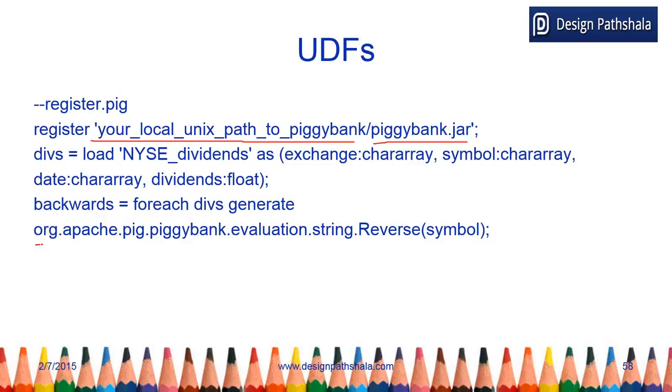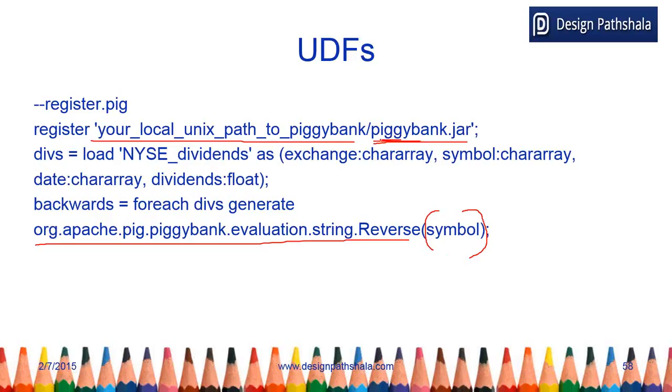So here I am giving the fully qualified class name and the input parameters of my function. Here I am calling a function which reverses my symbol, so this will produce the reverse of the symbol. And as I was showing you previously, piggybank is an already available JAR which has a lot of UDFs for us.